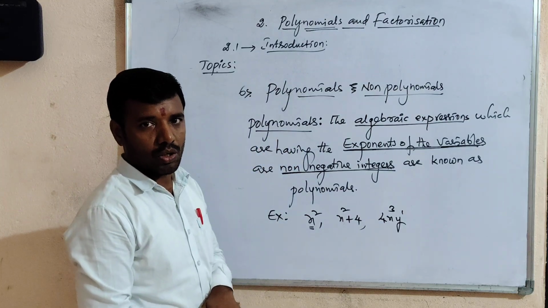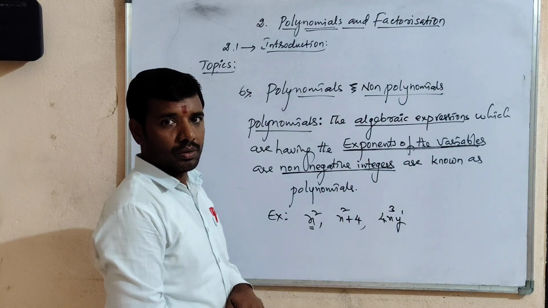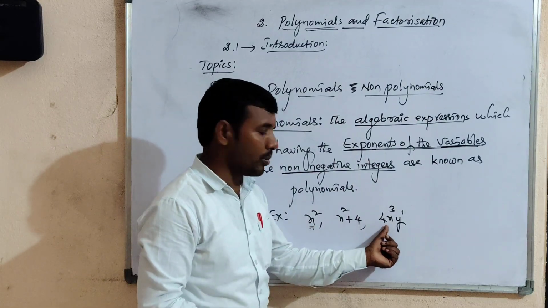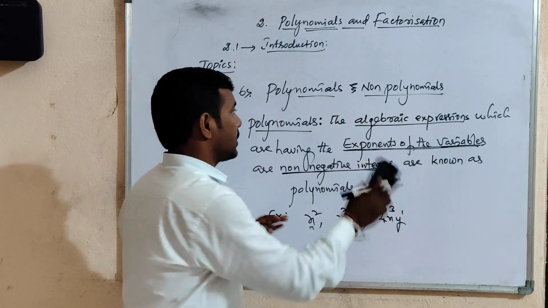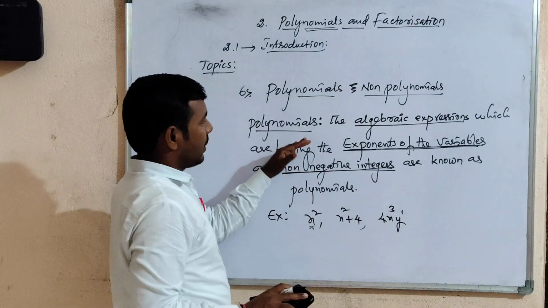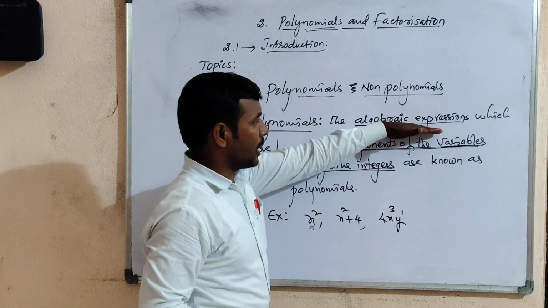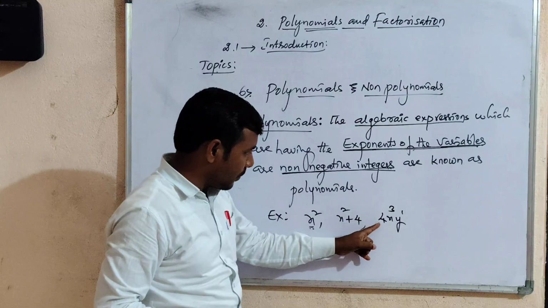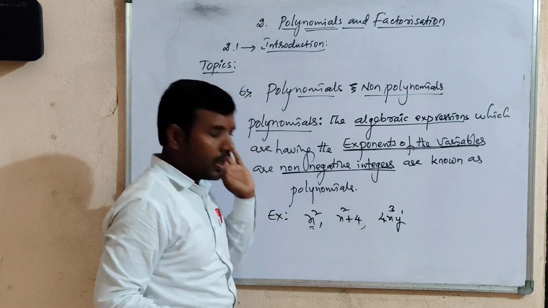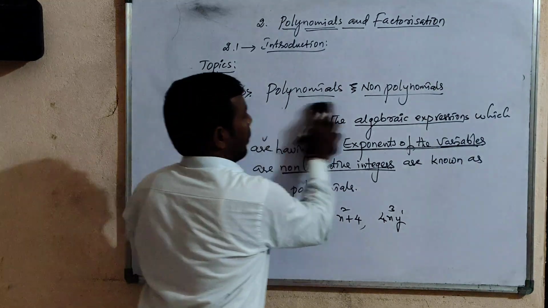Otherwise, they are not polynomials. I wrote 3 polynomials. I am ready to write many polynomials. Very clear definition: you choose algebraic expressions whose exponents of the variables should be whole numbers. That's it. Next. What is next?